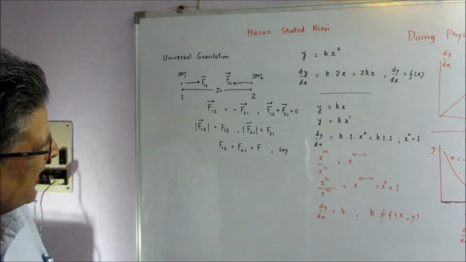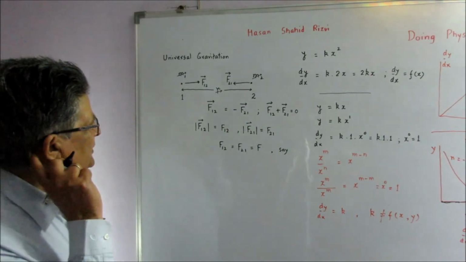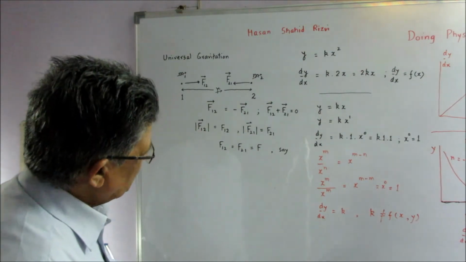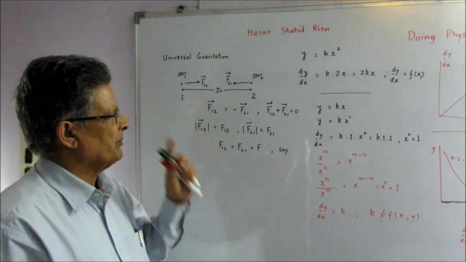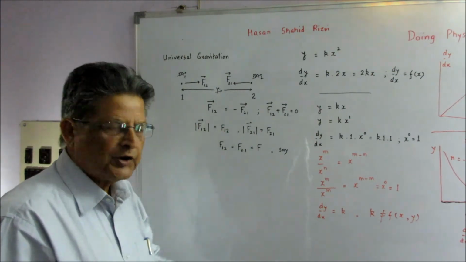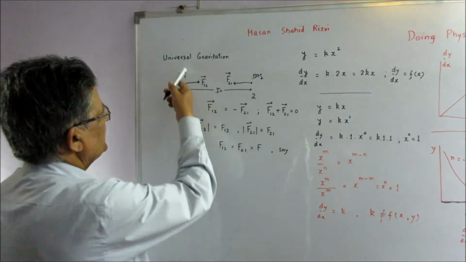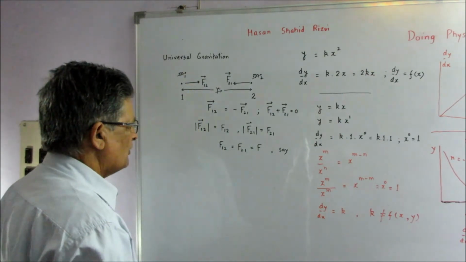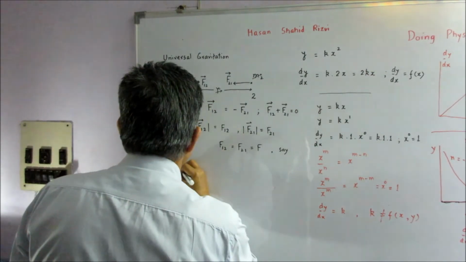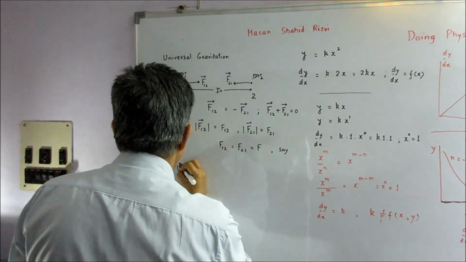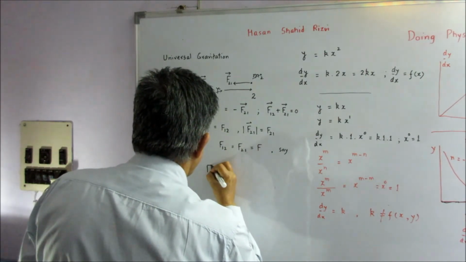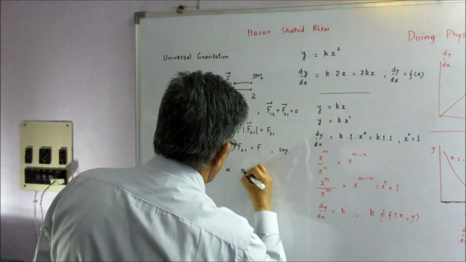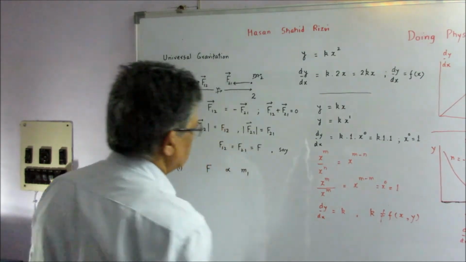Now we see that if everything else remaining the same, I vary the value of M1, then we find, number one, there is a proportionality, that this F is proportional to M1.